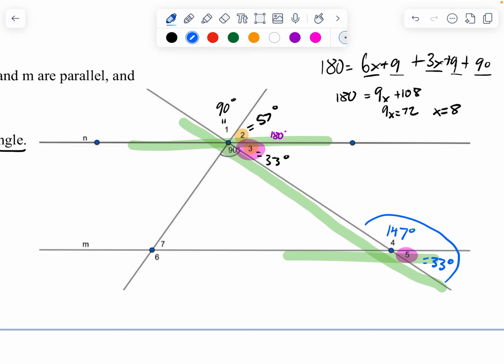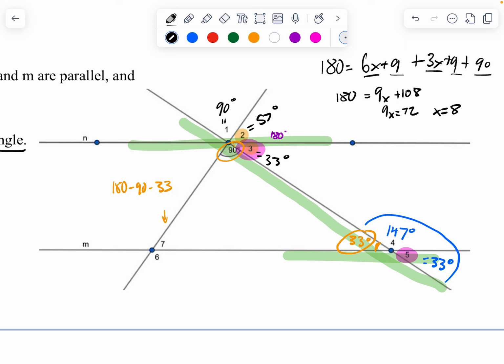All right. Now, to solve our last little section, 6 and 7 down there, I'm going to use an interior triangle angle sum. So I know this is 33 degrees right here because vertical angle. I know that's 90 and 33, which means this should be 180 minus 90 minus 33. Oops.